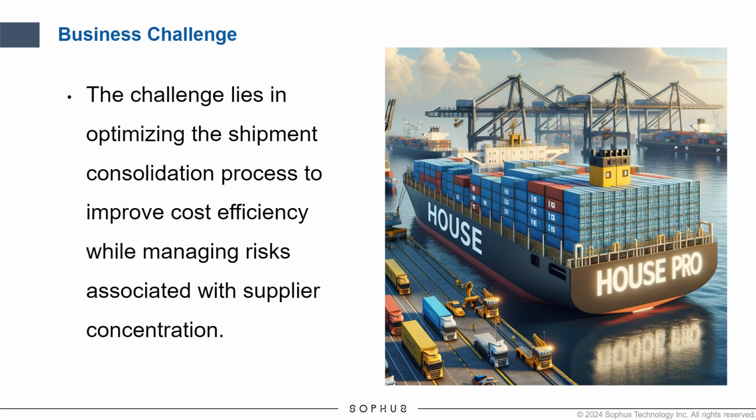Optimizing the space by packing as many products as possible, considering their varying sizes and weights, is a crucial business challenge for House Pro in order to minimize freight costs. Moreover, establishing a robust supply chain by identifying alternative suppliers in countries like Vietnam and India is also a key business consideration, especially as they aim to reduce reliance on their current single-source suppliers in China.